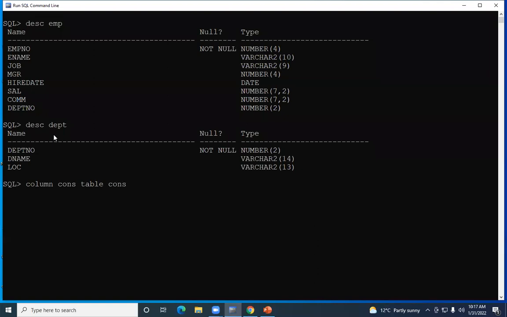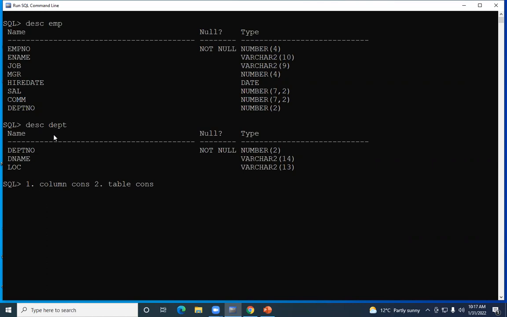So first of all, what is a constraint? A constraint is any condition which is put on any column or columns of a table. If you put any condition for the data to be entered in a column, and you put that condition on a single column, that is known as a column constraint.